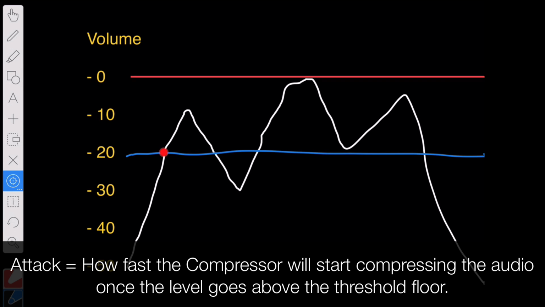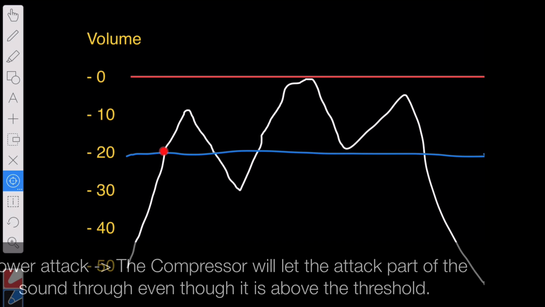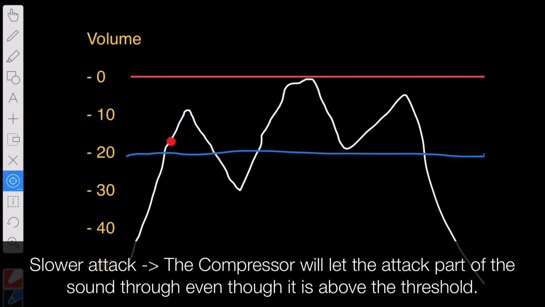So if you set a slower attack, the compressor will let the start of the audio go through without compressing it. Let's say you set it at 50 milliseconds, for example. Then from this moment and 50 milliseconds after, from here, the compressor will start working.